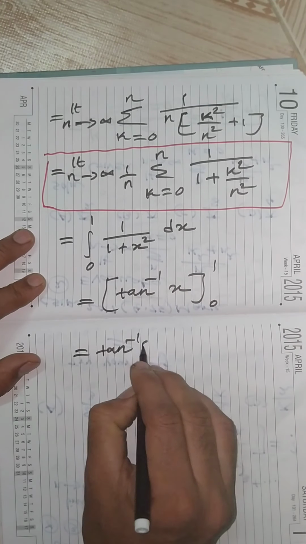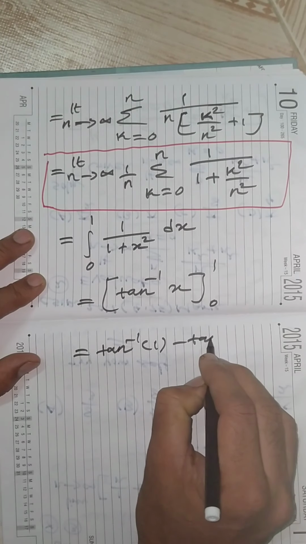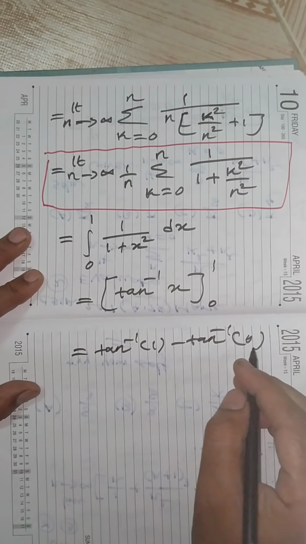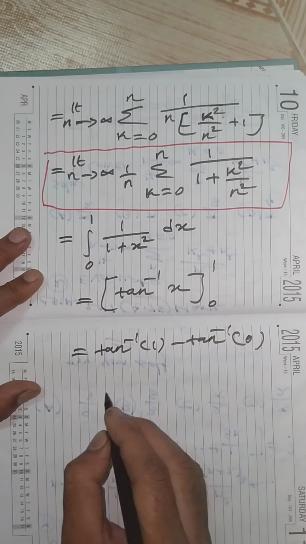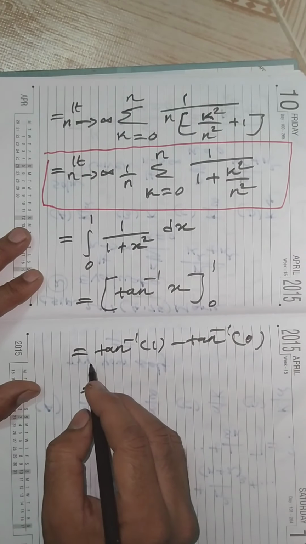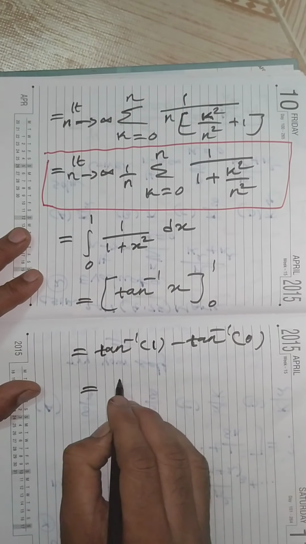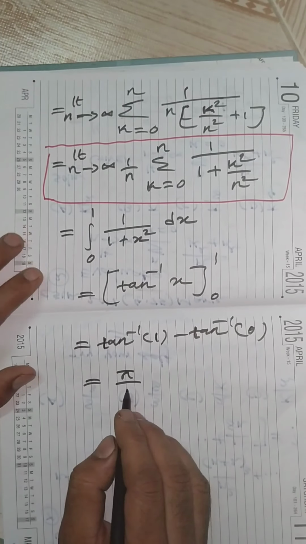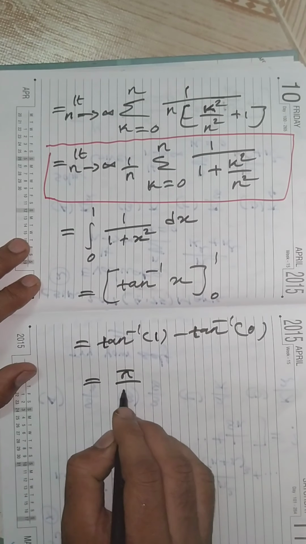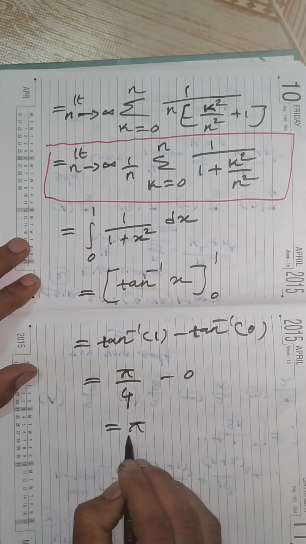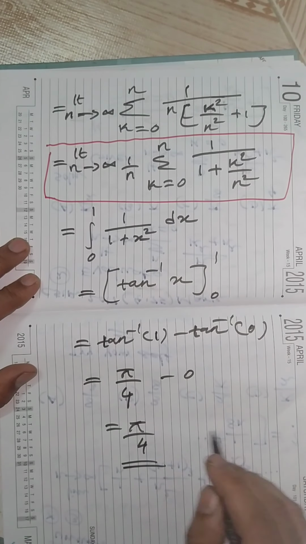So tan inverse of 1 minus tan inverse of 0. We know very well tan inverse of 1, that is 45 degree, that is pi by 4. Tan inverse of 0, 0. So pi by 4 is our final answer.